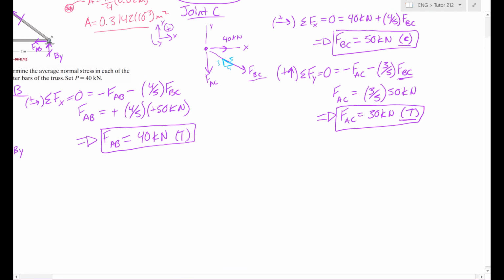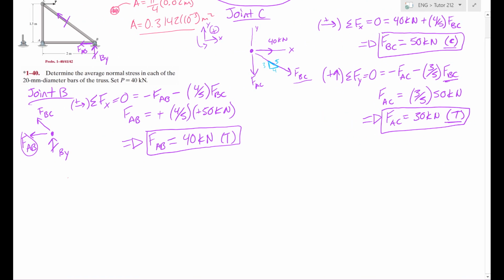All right, so now we'll want to go and solve for BC. Normal stress will be FBC over A. They all have the same A. So this is what I'm talking about. 50 kilonewtons, but we'll change it to 50 times 10 to the third newtons.